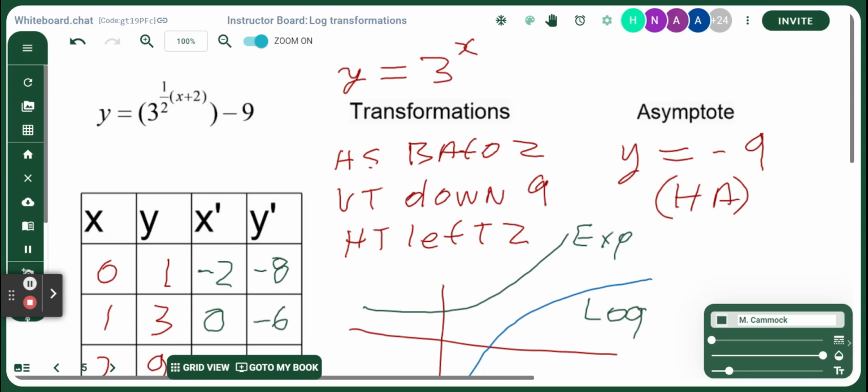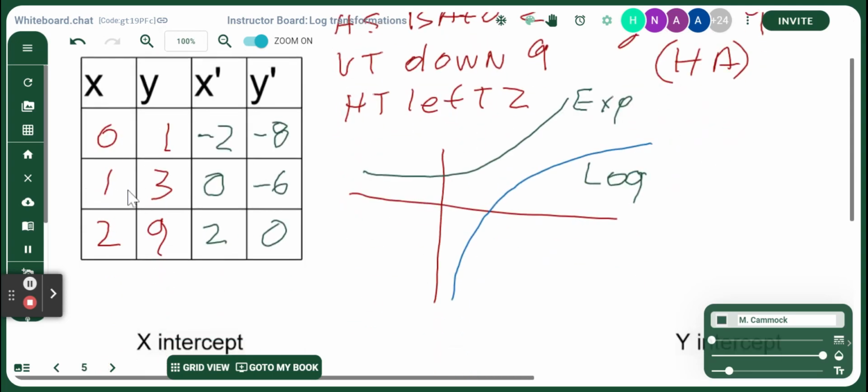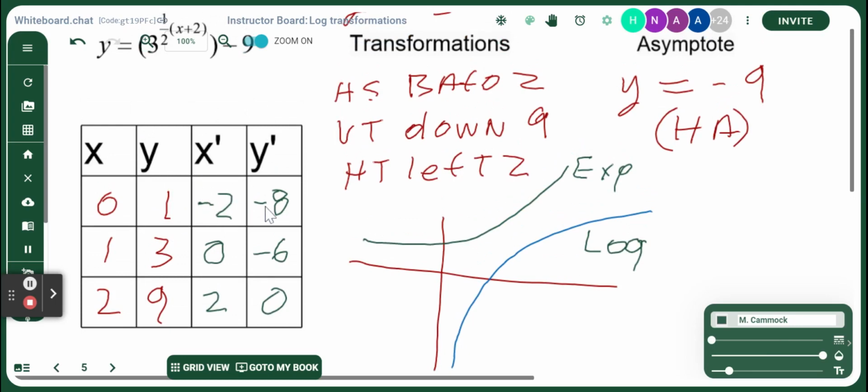Does that make sense so far? Then I just simply took each of these x values and raised 3 to that number. 3 to the power of 0 is 1. 3 to the power of 1 is 3. 3 to the power of 2 is 9. Okay, great. And then I did all of the transformations and I got these new values.